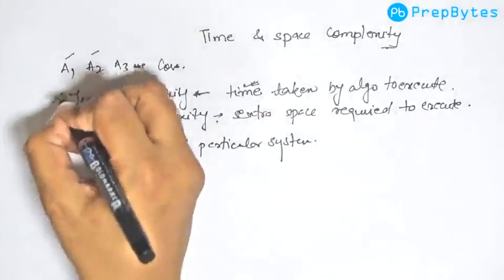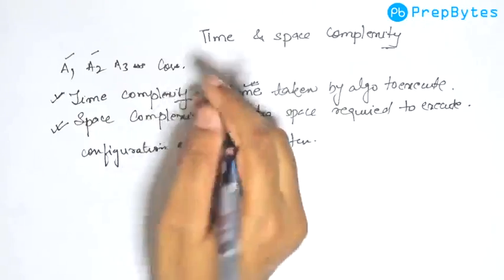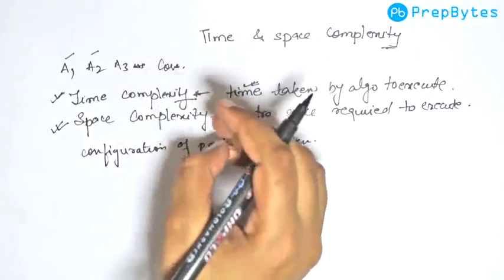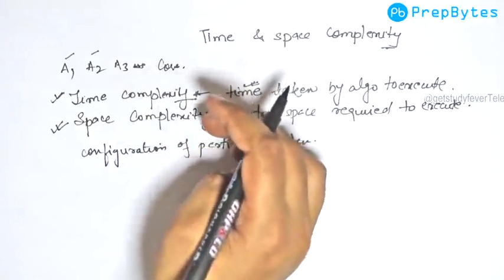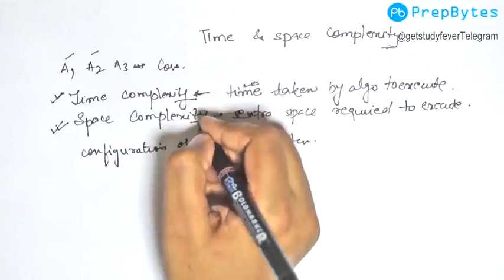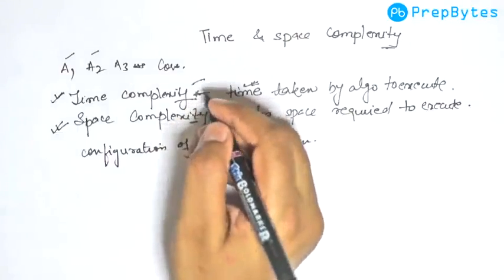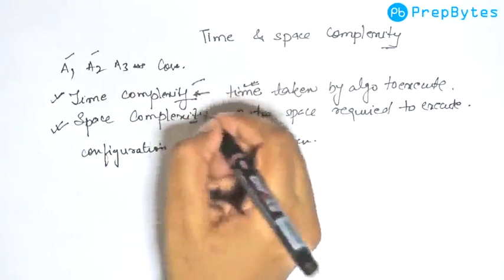When I talk about time complexity and space complexity, time complexity is more important. A program should run in less time; that is more important than a program taking more memory, because nowadays we don't have that much of a problem with memory. Time complexity is more important to take care of than space complexity.